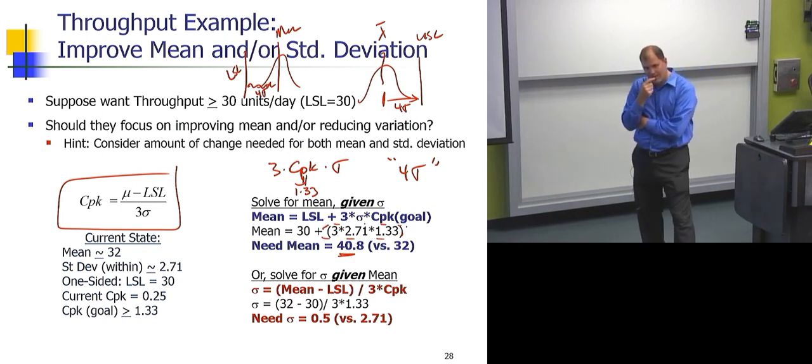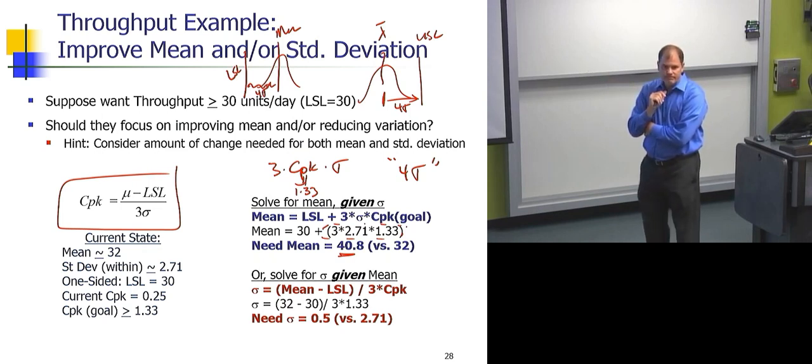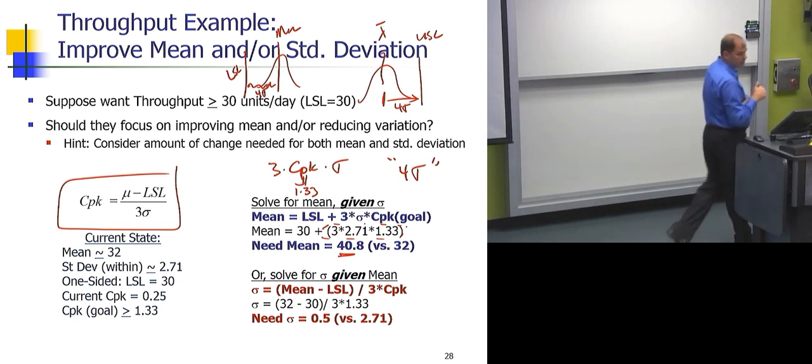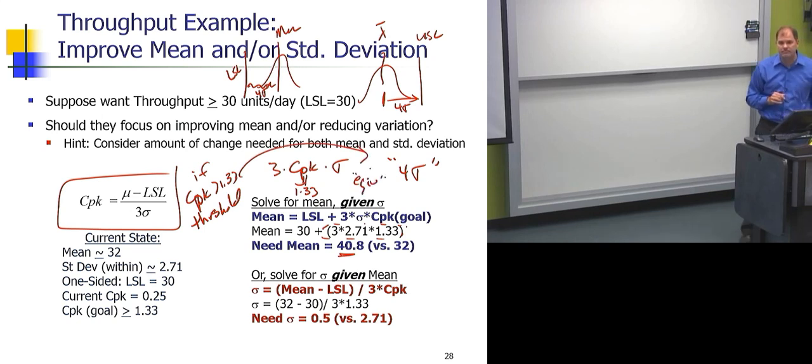Yes? My equation is 3 times the CPK goal. I could, but if I want a CPK 1.33 threshold, this is equivalent to saying I want 4 sigma.